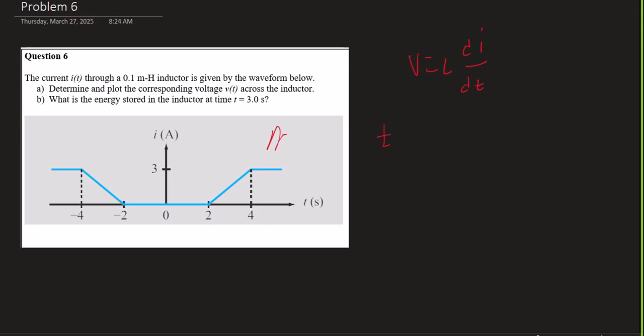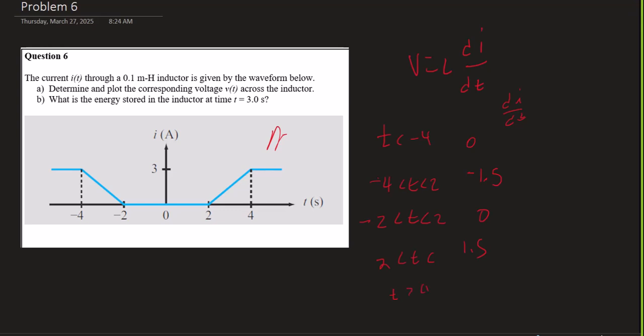Let's figure out what the slope is for our different intervals. For t less than negative 4, what is dI/dt? It's 0. From negative 4 to negative 2, it looks like it's negative 1.5. From negative 2 to 2, 0. From 2 to 4, 1.5.